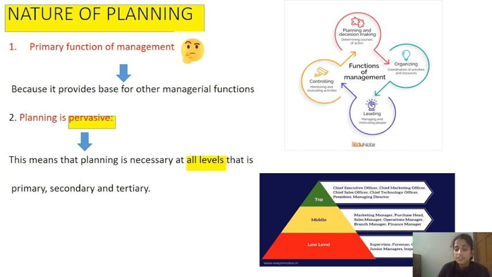Under middle level management, we have the branch manager, for example, marketing manager, product manager, purchase manager, and under lower level management, we have superintendents and supervisors. At all three levels of decision making, under all levels of management, we need planning. All three levels decide what to do and how to do it. This is present in the primary, secondary, and tertiary sectors.